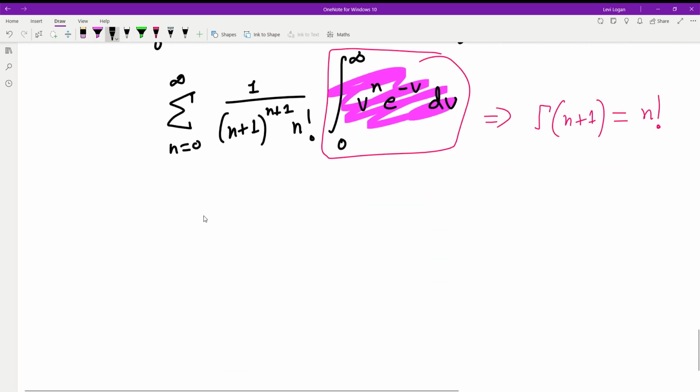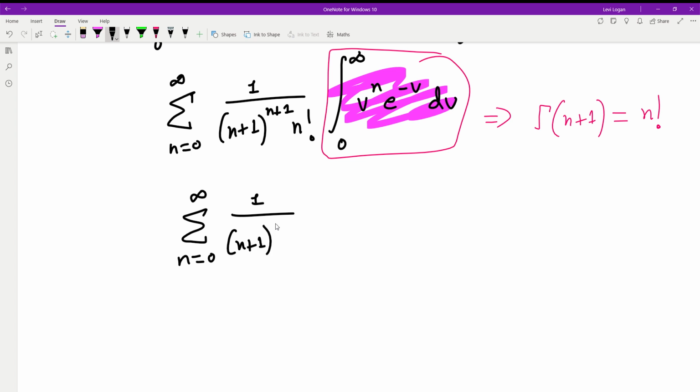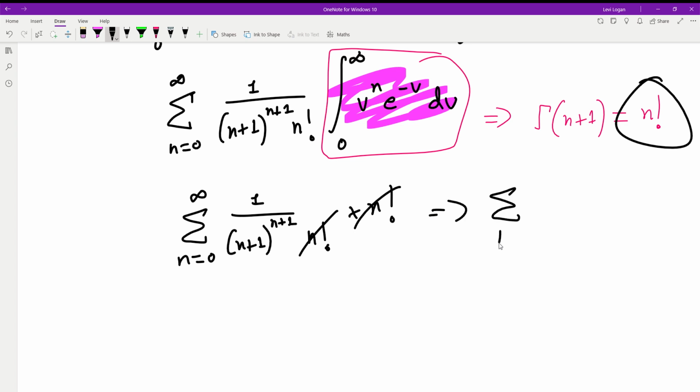So what we're going to get is the infinite sum of n equals 0 to infinity of 1 on (n plus 1) to the n plus 1, n factorial times by n factorial. That whole integral is gone because it got replaced with this. That cancels, so what we get is the discrete sum from n equals 0 to infinity of 1 on (n plus 1) to the power of n plus 1.